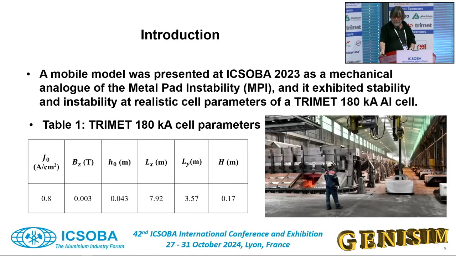The other thing I need to introduce is that my example is from the 3-met cell in Hamburg, and those down here are the parameters that I'm using from that cell.